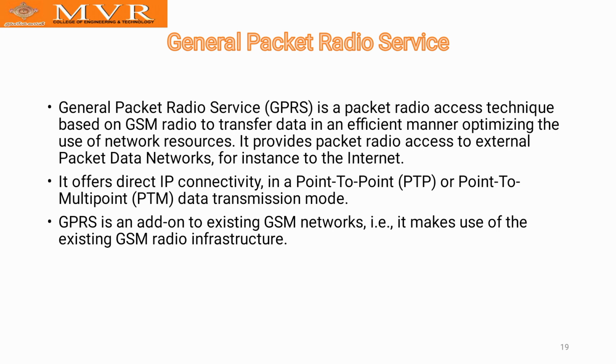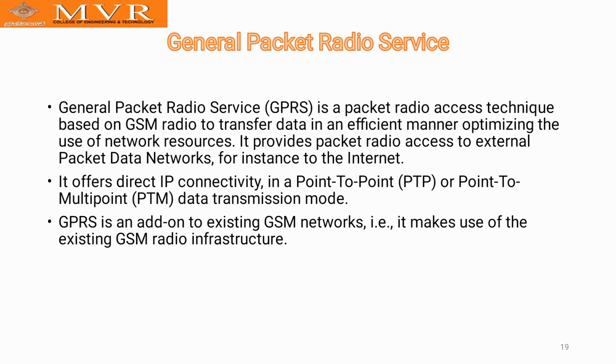So in general packet radio services, GPRS is a packet radio access technique based on the GSM radio to transfer data in an efficient manner, optimizing the use of network resources. It provides packet radio access to external packet data networks, for instance the internet, and it offers direct IP, internet protocol, connectivity in point to point (P2P) and point to multipoint (PTM) data transmission modes.